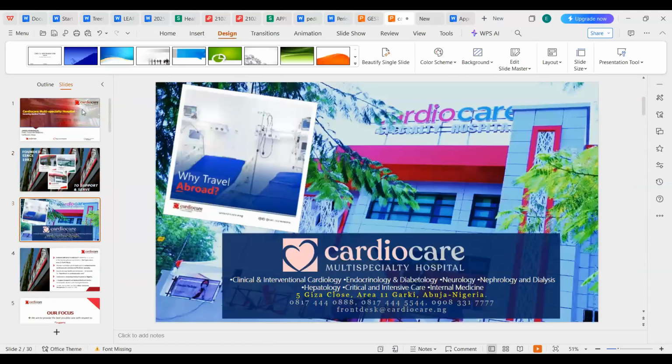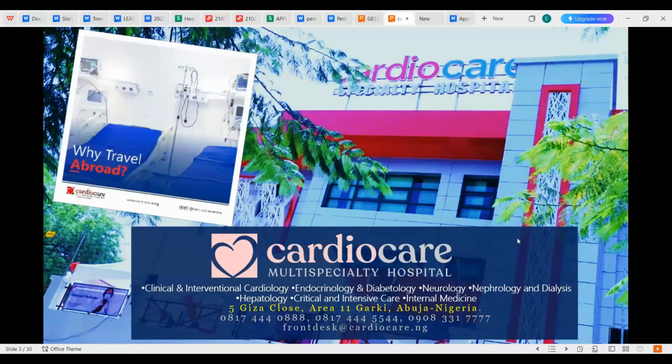Cardiocare Multispecialty Hospital is a hospital that is dedicated to cardiac health. We are located at number 5 Giza Close, Area 11, Garki, Abuja. We are just 1 hour, 30 minutes away from wherever you are. And you can reach out to us. As you can see on your screen, there are some numbers on your screen.